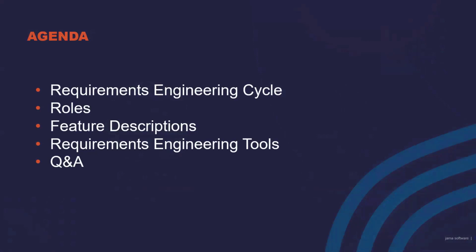We'll talk about an interesting approach of feature descriptions, and we will not stop before we take a deep look into requirements engineering and management tools. We will have enough time afterwards for an interesting discussion. Looking forward to good questions, and we will do our best to answer those.